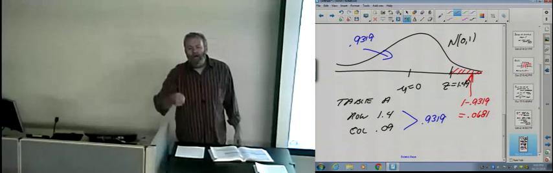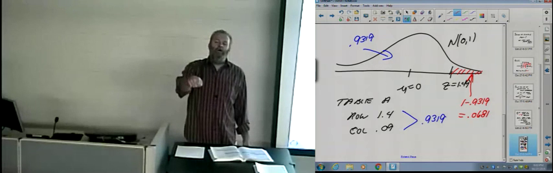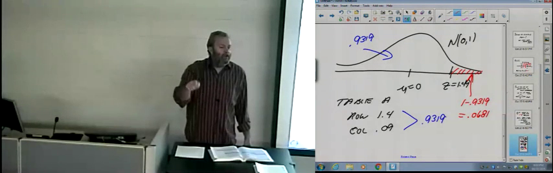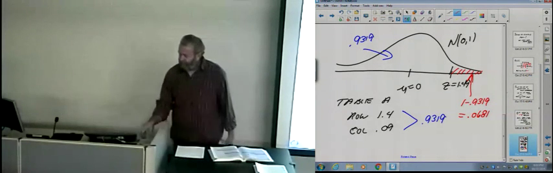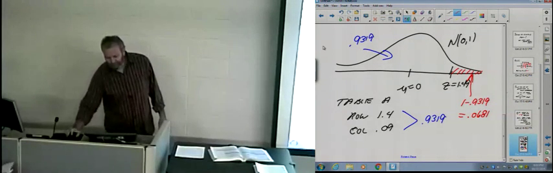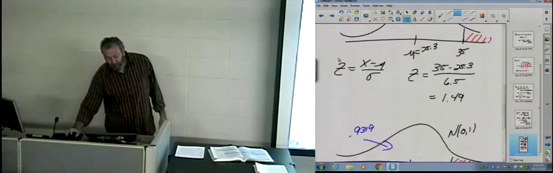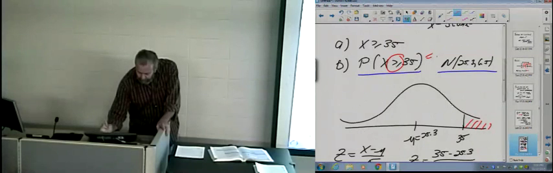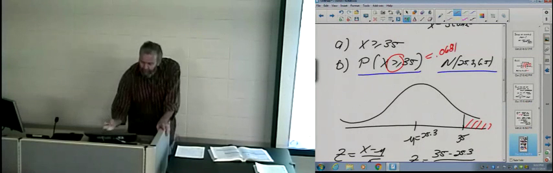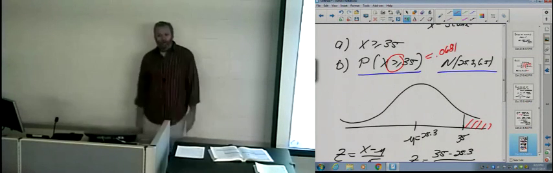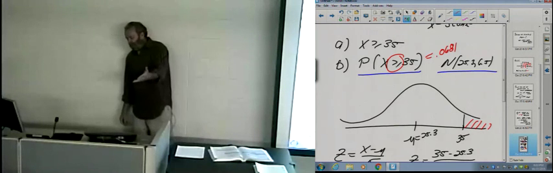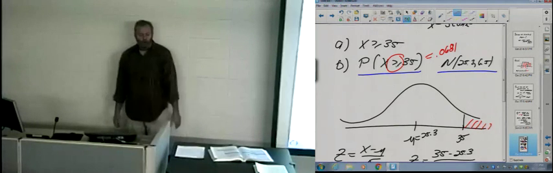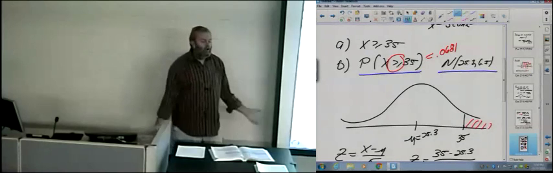And now what you want to know is, what is the probability that they scored 35 or higher? So going back up here, the probability that you're looking for is 0.0681 that this randomly chosen student scored 35 or higher on the MCAT test.